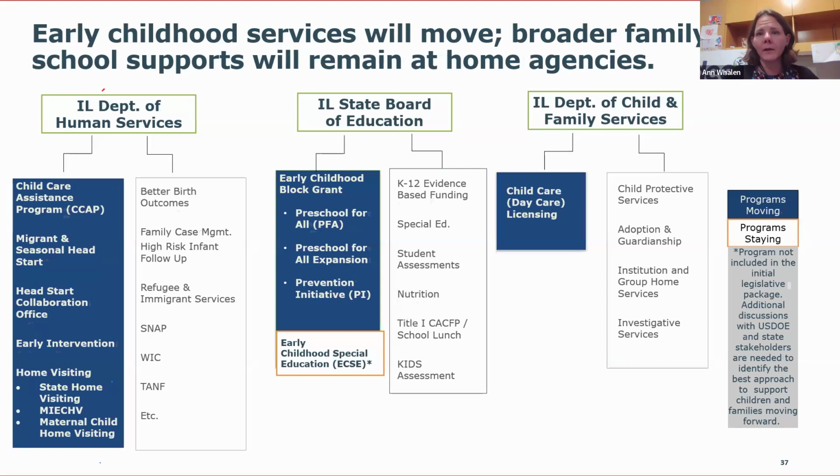And we know that one of our priorities is going to be, how do we improve the coordination of these services in early childhood? I'll get to this in a few moments, but this is one of the first work groups we stood up, thinking about how we can make this better for families and providers. And then finally, in the Department of Children and Family Services, it is moving the child care or daycare licensing function to the new agency.